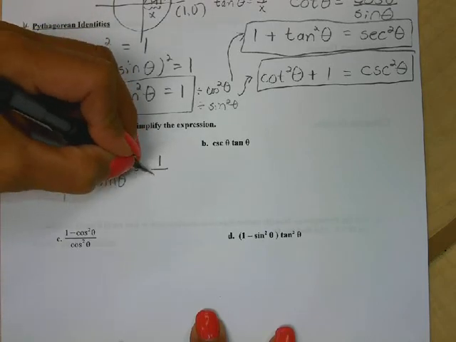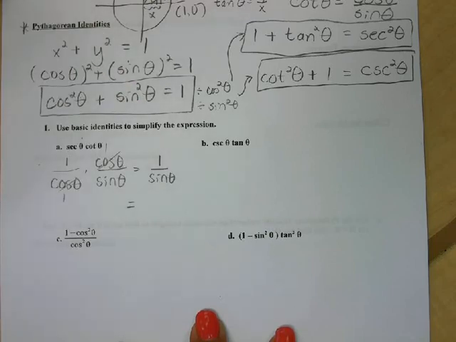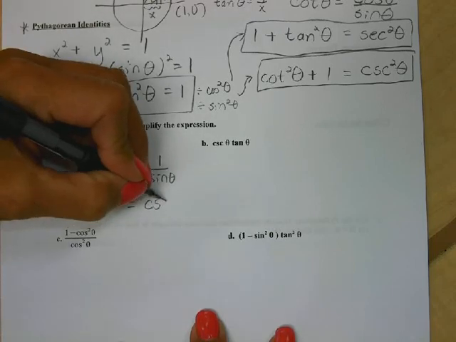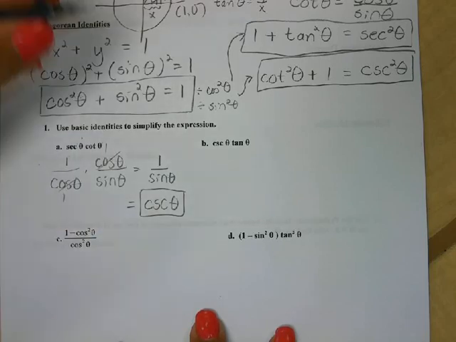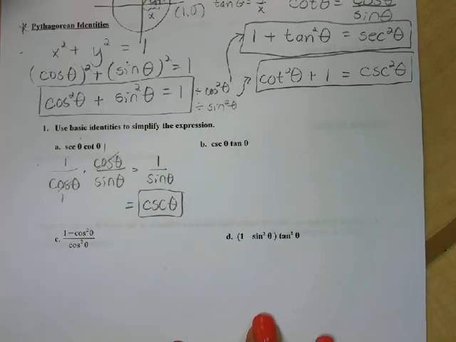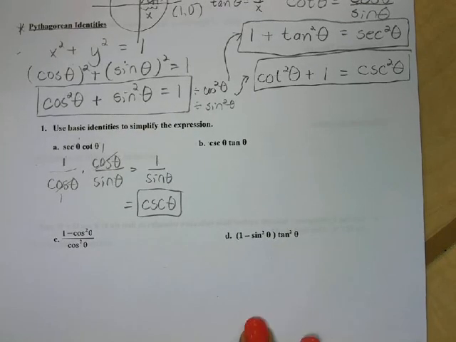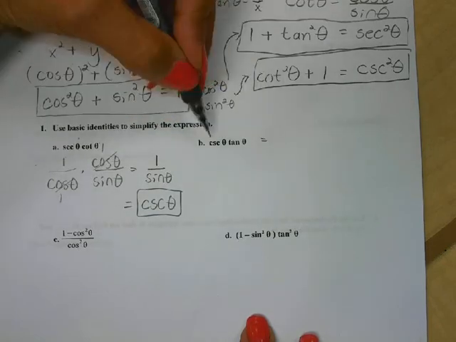You need those there as the variable. Now, this cosine of theta will cancel that cosine of theta, giving us 1 over sine of theta. However, the reciprocal identity allows us to change that back to cosecant of theta. You may want to turn the video off and do this one on your own, and then turn it back on to double check.